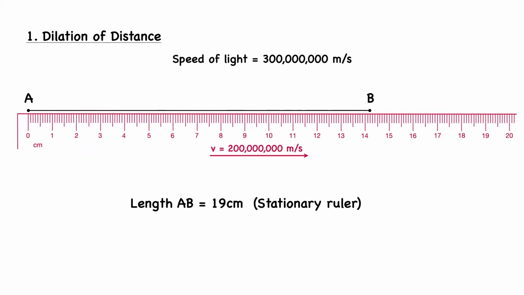Now, let's see what that distance AB is now, and it looks to me like I'm calling that 14.2 centimeters, plus or minus a millimeter, which is only 3/4 the length we measured with the stationary ruler. This is dilation of distance. The second ruler appears to have stretched when it's moving very fast. So now the distance AB measures fewer centimeters. Now that leaves us in a bit of a quandary, because we know the ruler hasn't actually stretched.